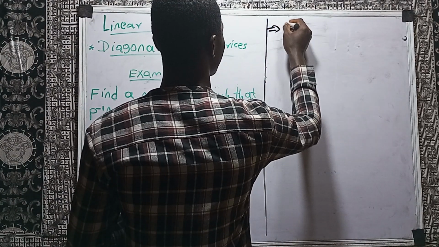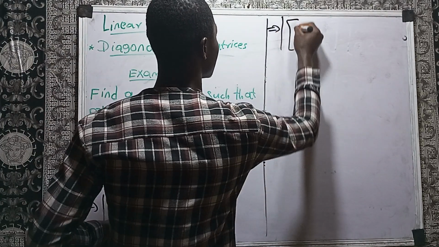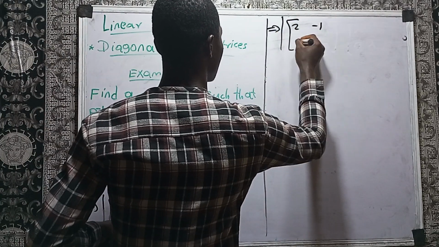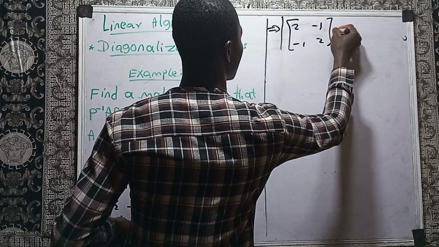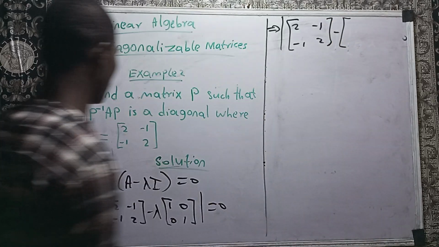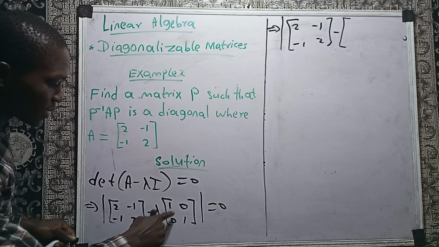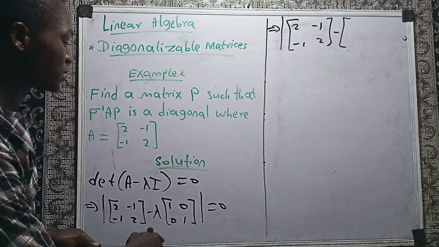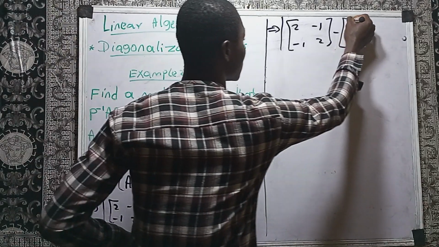So this simply implies determinant of, let's write our matrix A first. Then minus. What you are going to do is use this lambda to multiply this identity matrix. So let's multiply. Lambda multiplied by 1 is lambda.